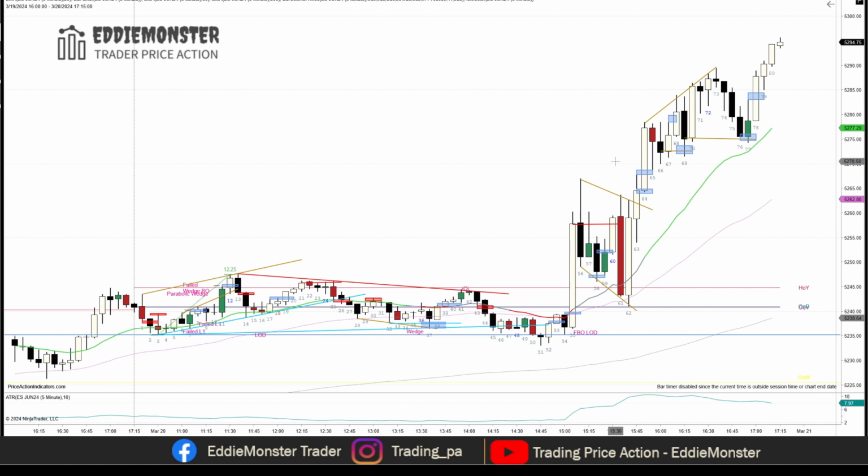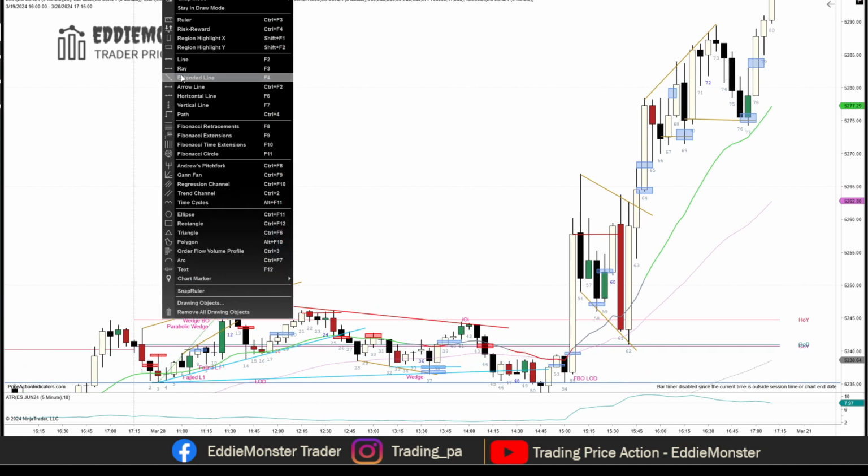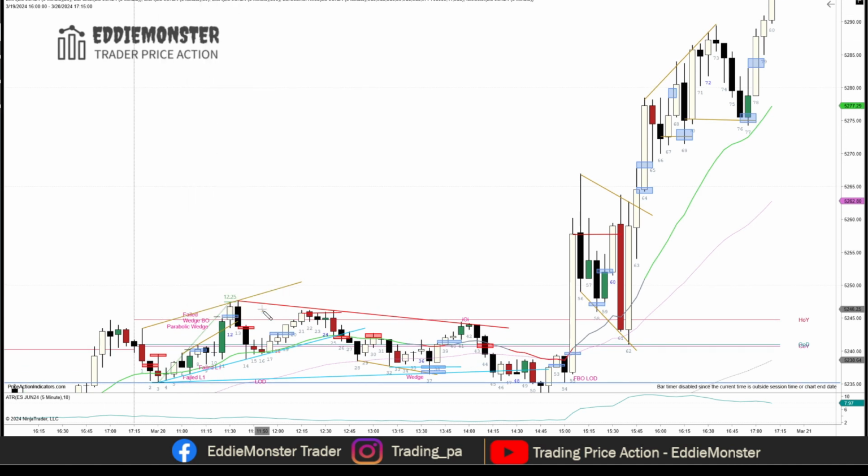So we can take a look at this in the 1 minute chart and see what are the best entries in the 1 minute chart. But in the 5 minute chart, the first thing that we'll need to take is this one, for example. This is a breakout pullback, right? So you can set a limit order there and buy there. Why there?